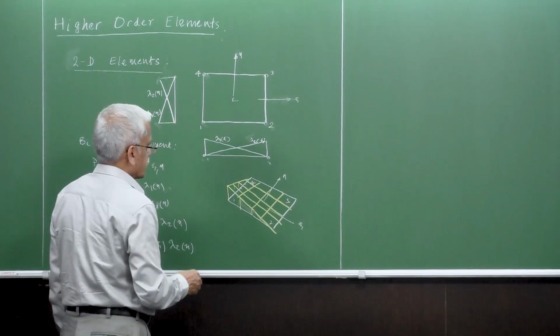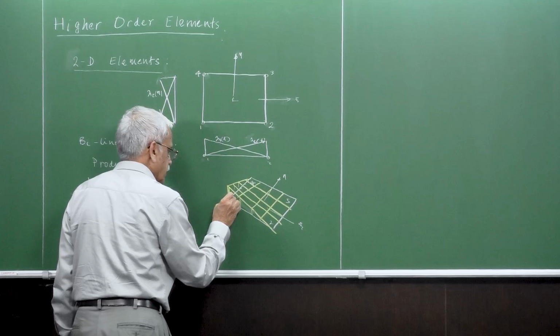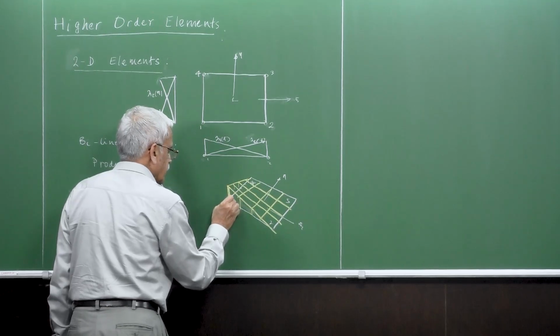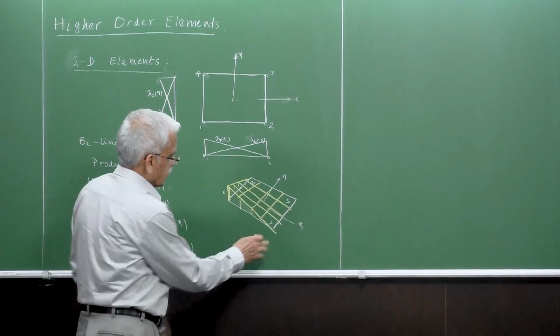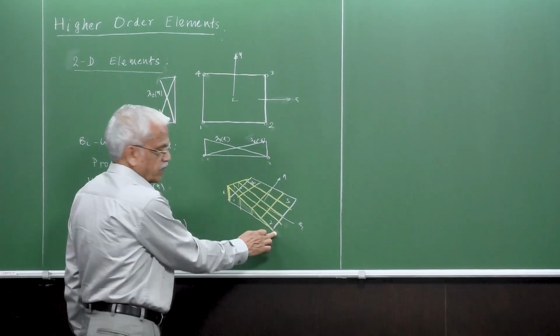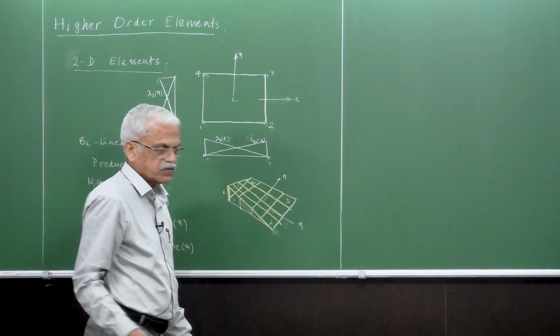I hope you got the picture. So this has value of 1 here, and linearly goes to 0 on node 2, and similarly at node 4 as well as at node 3.